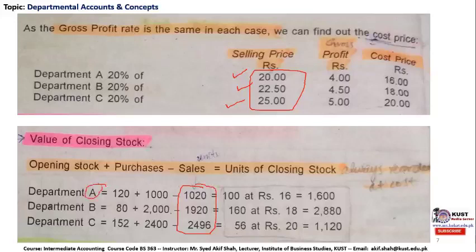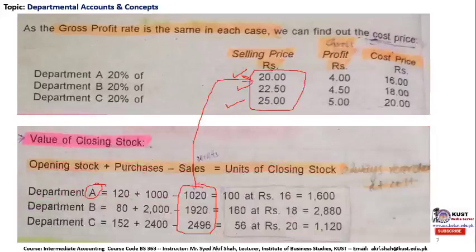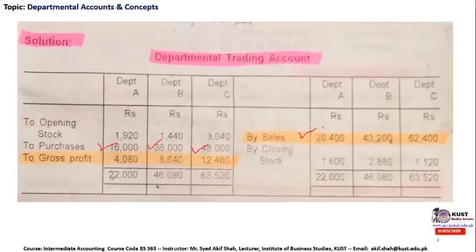For example, Department A has sold 1020 units, so we multiply it with 20 rupees per unit and come up with the total sales volume for Department A. Similarly, we find the sales volume for Department B by multiplying by the per unit sales price, and in the same fashion for Department C. So by simply multiplying, we arrived at 20,400 in rupees for Department A, 43,200 for Department B, and 62,400 for Department C.